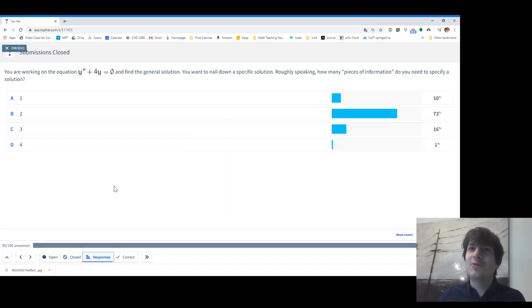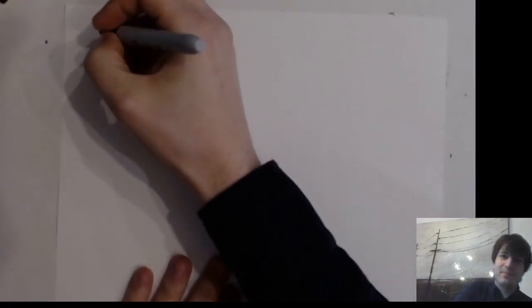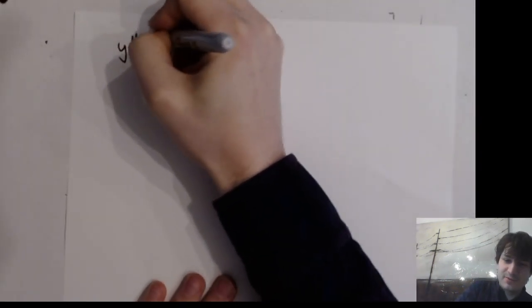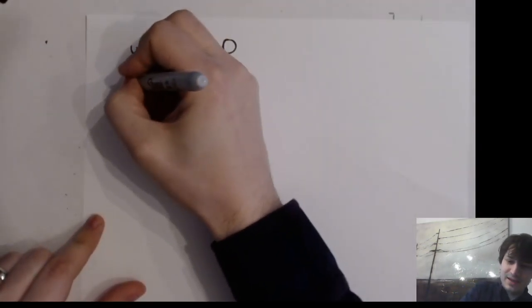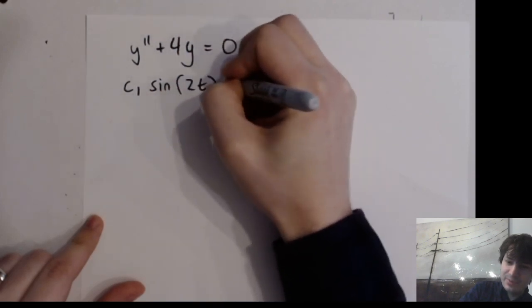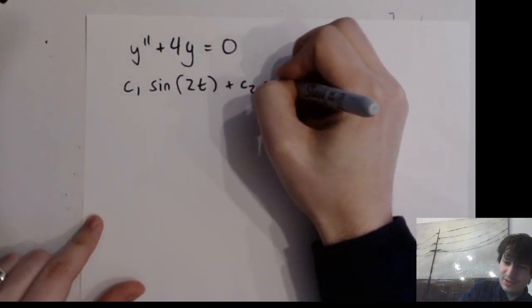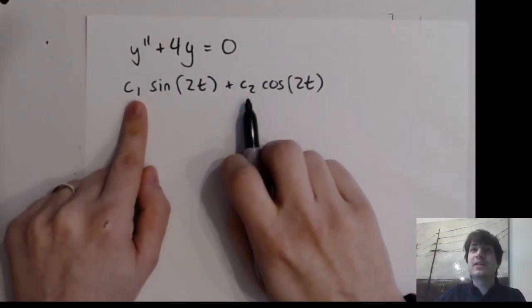Responses, 73% of people said 2. 2 is the right answer. So when we're doing second order equations, like y double prime plus 4y equals 0, the solution in this case is c1 times the sine of 2t plus c2 times the cosine of 2t. And we have two numbers that we're looking for, c1 and c2.